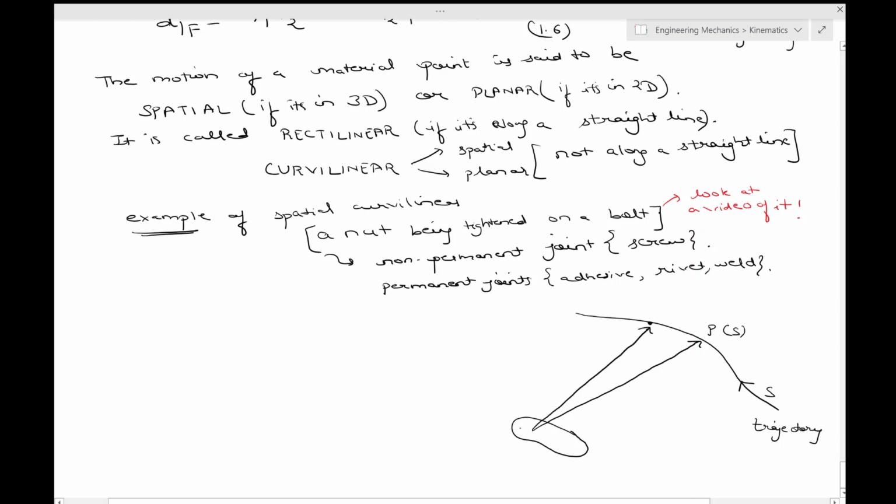Clearly this is O, so this is Rp of t, and this is Rp of t plus delta t. So this point has now moved to this place P dash of S plus delta S.